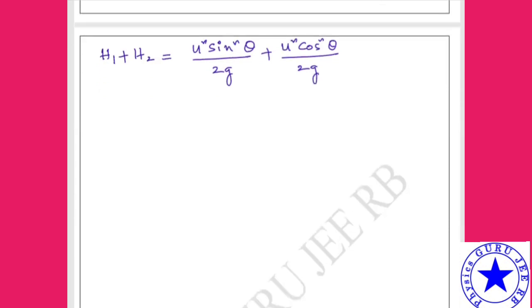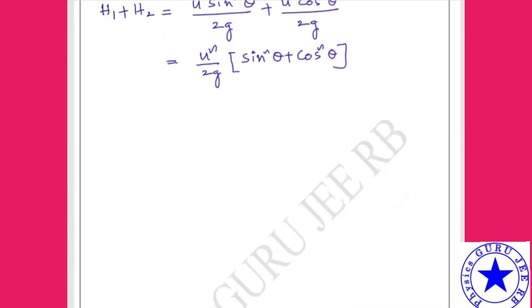Just simply we can take u square by 2g common, then sine square theta plus cos square theta. Sine square theta plus cos square theta is how much? Can you tell me? 1. Very good. So it's nothing but 1, that is u square by 2g.